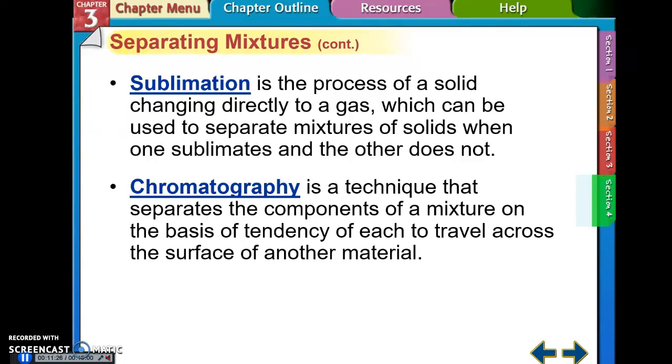And last but not least, chromatography. So what chromatography is, and you've probably heard of chromatography if you've ever watched NCIS or CSI or any sort of cop show that has a science lab in it, is a technique to separate components of a mixture based on the tendency of each to travel across the surface of another material.